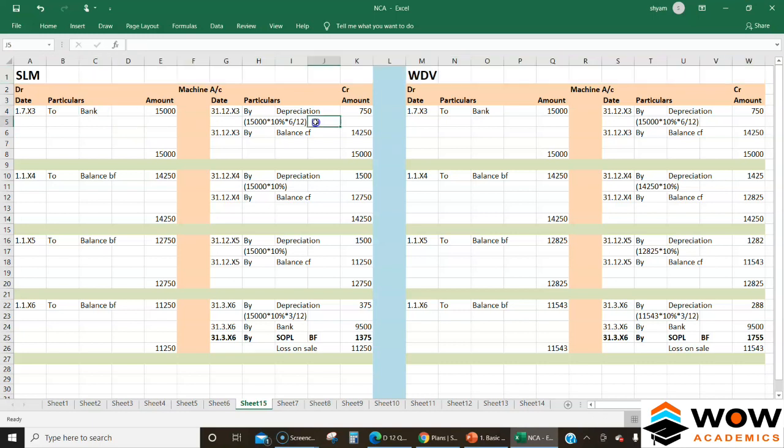You can see side by side how SLM looks and how WDV looks. In SLM the depreciation amount is always constant, and it only changes when the months are proportioned. But the WDV amount will always keep changing. It can never be constant. That's the side by side angle of both the problems. Hope you get a better idea with this comparison. So we'll move on to the next sum.